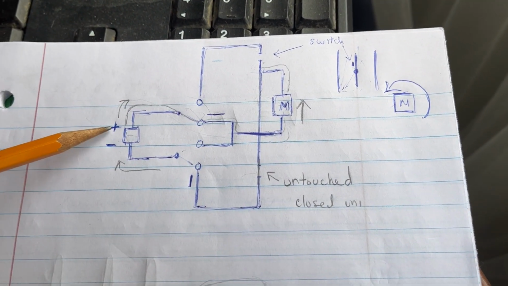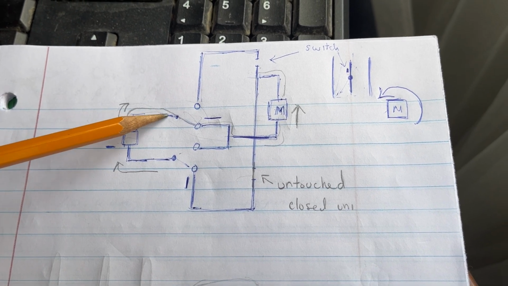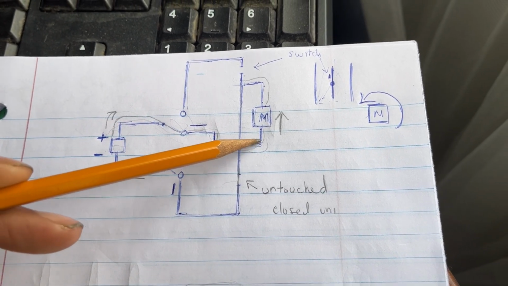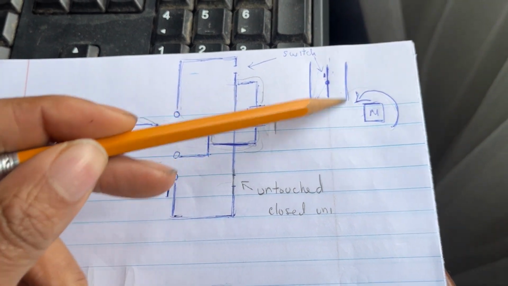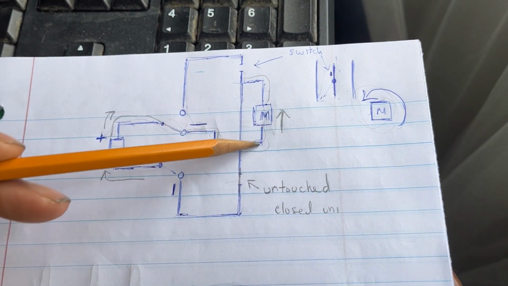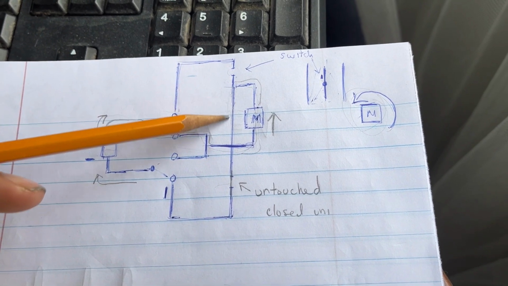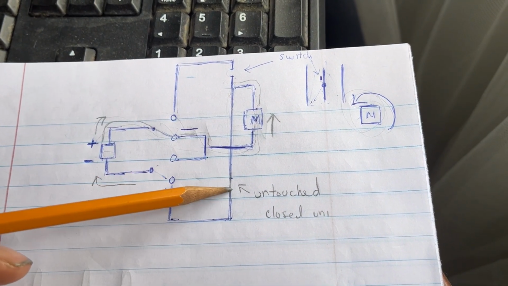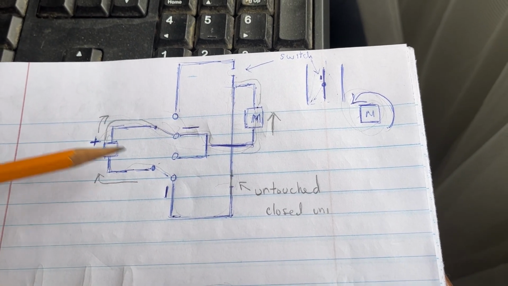Okay, and we start here, and the circuit would take this path into here, causing the motor to drive in this direction, right? Comes here. This switch is open, so it takes this path. This switch is closed, comes down here, and finishes up like that.